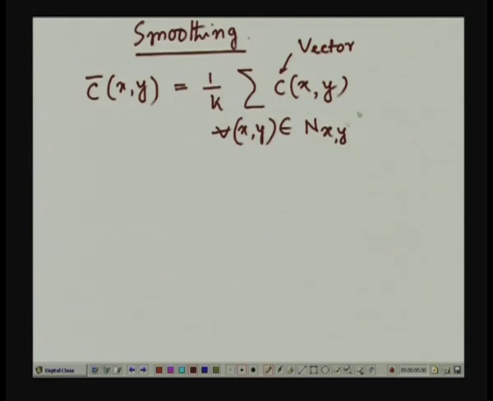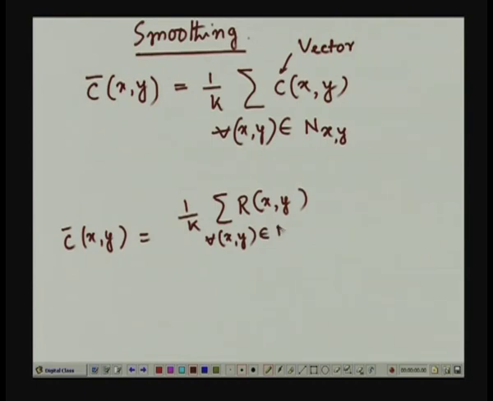Okay. So, here I can simply do this operation in a plane wise manner, where we can write that C bar x y is nothing but 1 over k summation of r x y for all x y within the neighborhood of n x y.